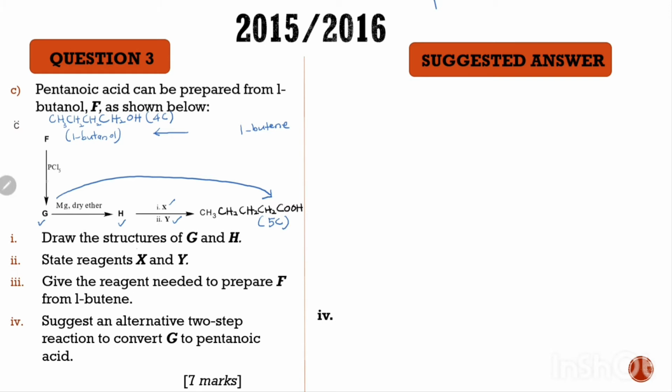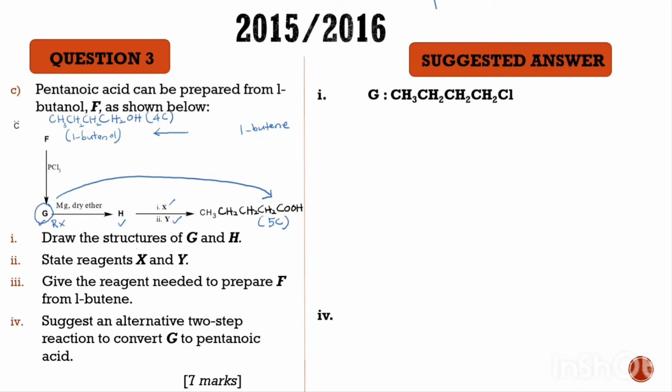Okay, so let's make sure we know everything that happens in this diagram first. Okay, 1-butanol reacts with PCl5. It will produce a haloalkane. So G should be a haloalkane. Okay, since F is 1-butanol, an alcohol with 4 carbons, G is a haloalkane with 4 carbon atoms. So we just substitute OH with Cl. So product G is 1-chlorobutane.